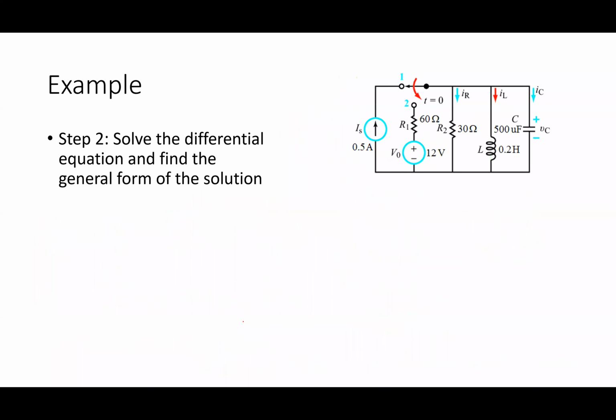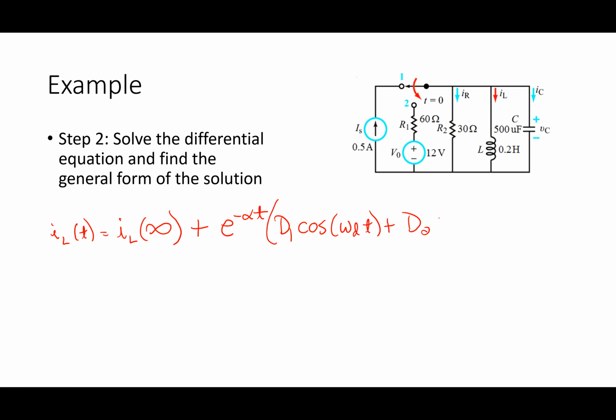If I look back at that table, it tells me that iL of t is iL of infinity, which is our steady state value, plus e to the negative alpha t times d1 cosine omega d t plus d2 sine omega d t, like that.